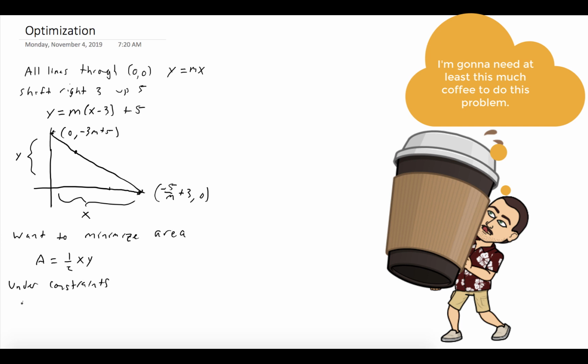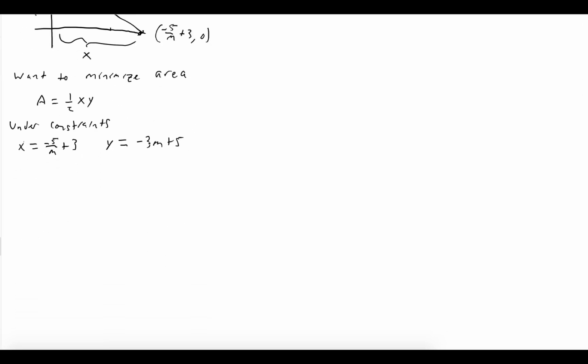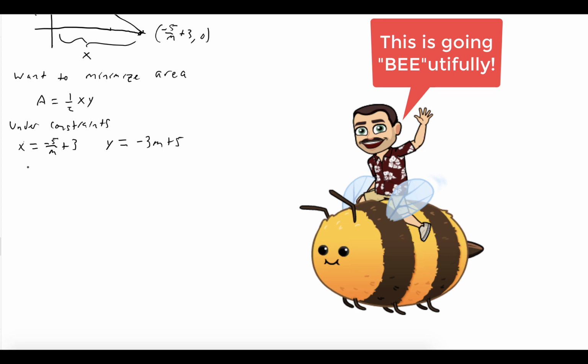So under the constraints, x is negative 5 over m plus 3, and y is negative 3m plus 5. So we can sub those values into A. So we have A is equal to 1/2 times (negative 5 over m plus 3) times (negative 3m plus 5).